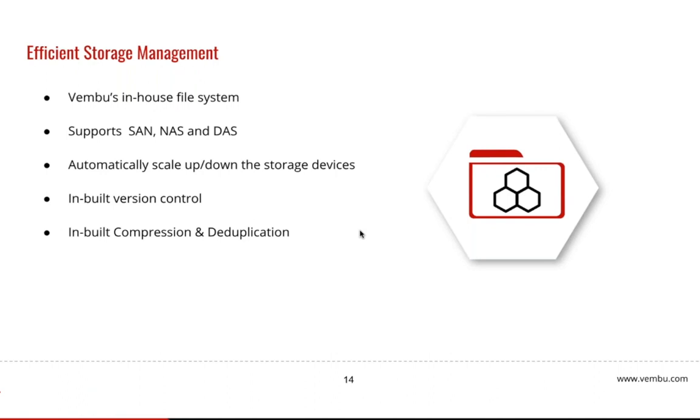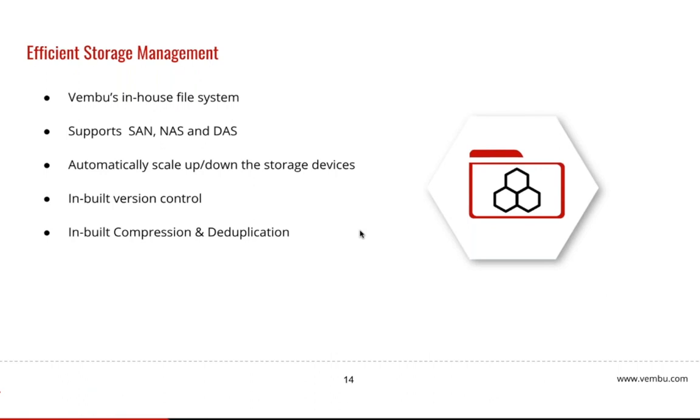So for example, not every small business can purchase sophisticated hardware which has inbuilt deduplication or inbuilt acceleration in order to improve storage efficiency. That's why Vembu's file system has inbuilt deduplication, inbuilt compression, inbuilt encryption, and inbuilt version correction, and again it has inbuilt scale out technology.